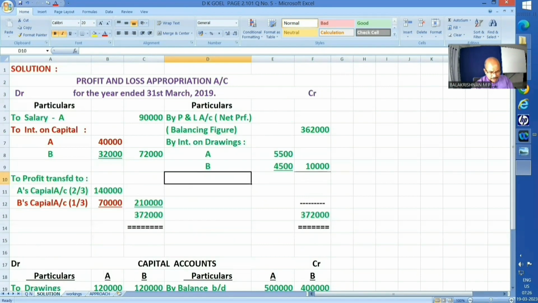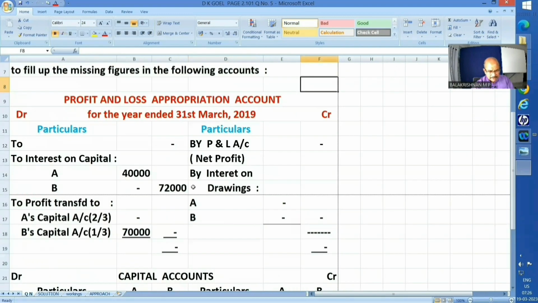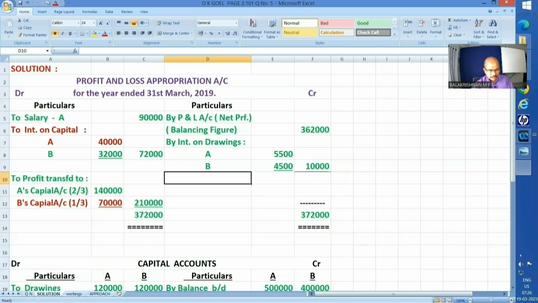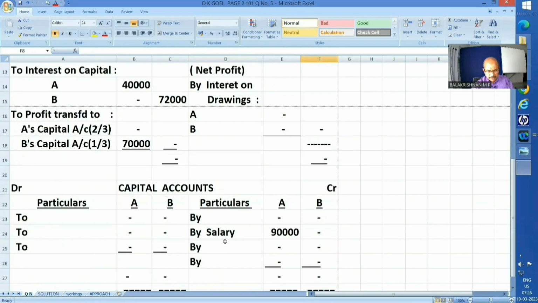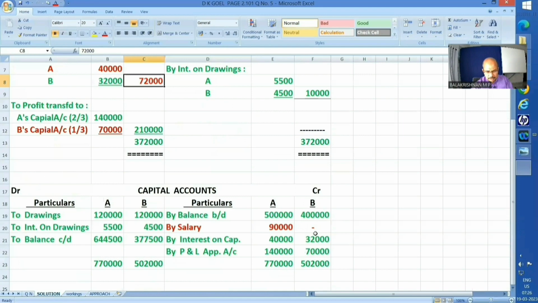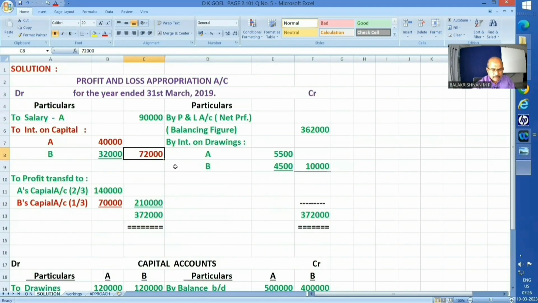And what is the other information they are given here? The 72,000 they are given on interest on capital. The 72,000 also they are given here. And the other one being just one entry, a single entry in the capital account, by salary 90,000. So 1, 2, 3, 4 items they are given.